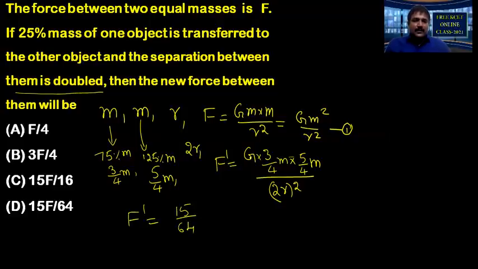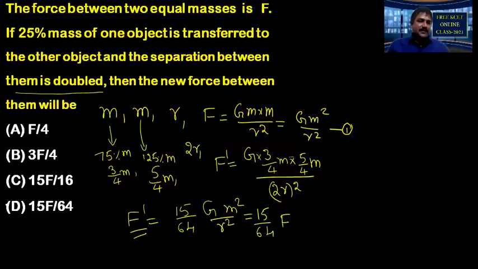And the terms G M square by R square equal F. Hence, 15 by 64 into G M square by R square is nothing but F. The new force F dash is 15 by 64 F. The correct option is D. Option D is the right choice.